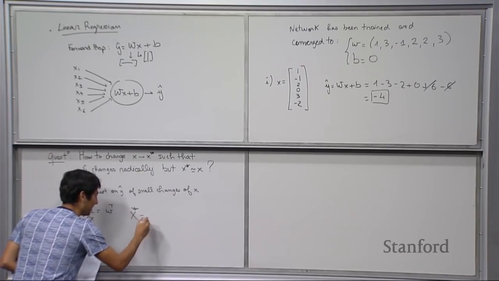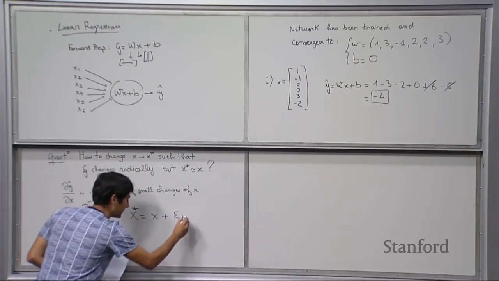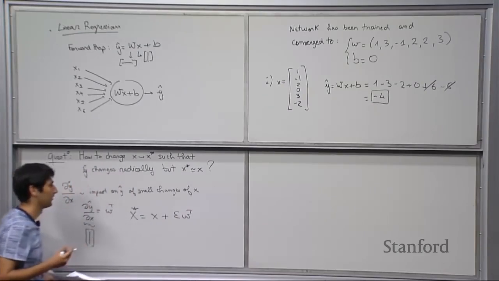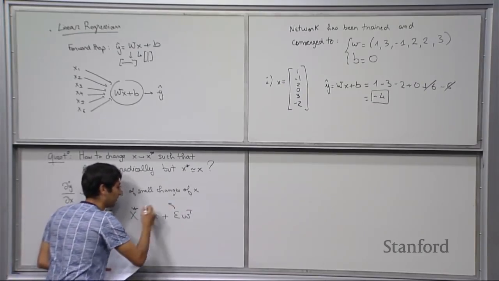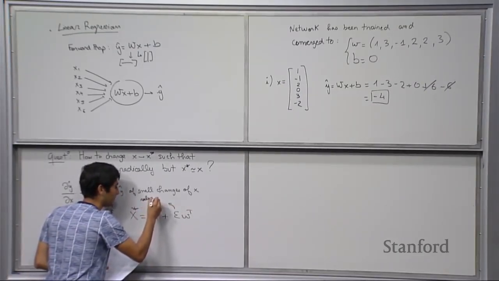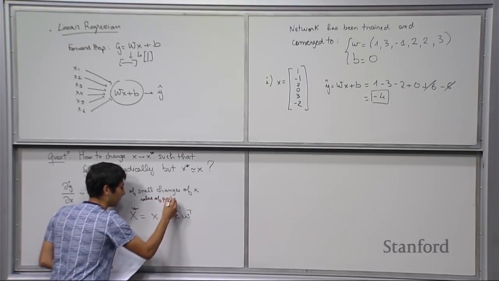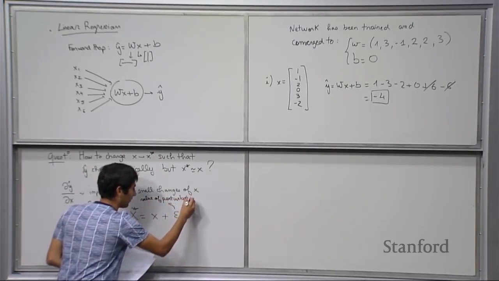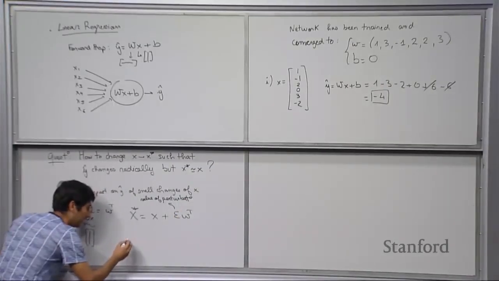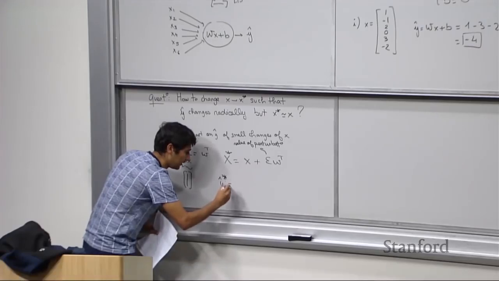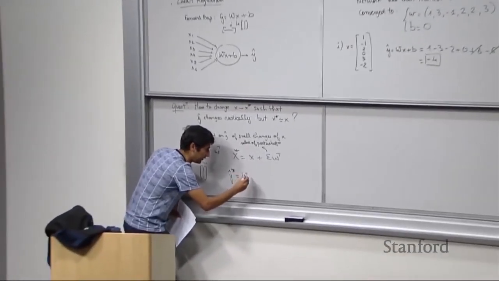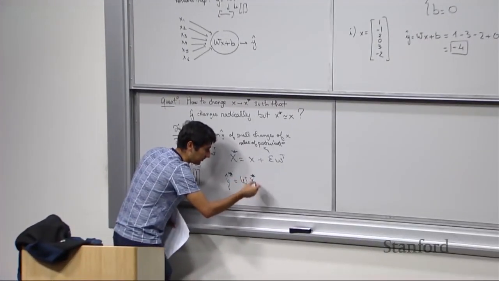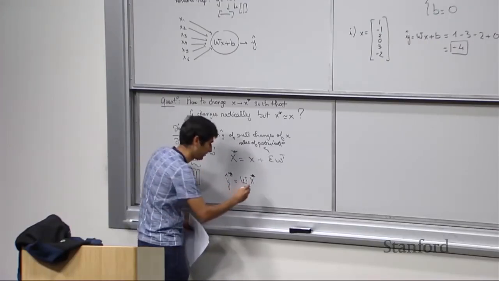So what if x star equals x plus epsilon times W transpose? This epsilon, I will call the value of the perturbation. Now, if we forward propagate x star, it means we compute y hat star equals W x star plus b, but b is 0 at this point.